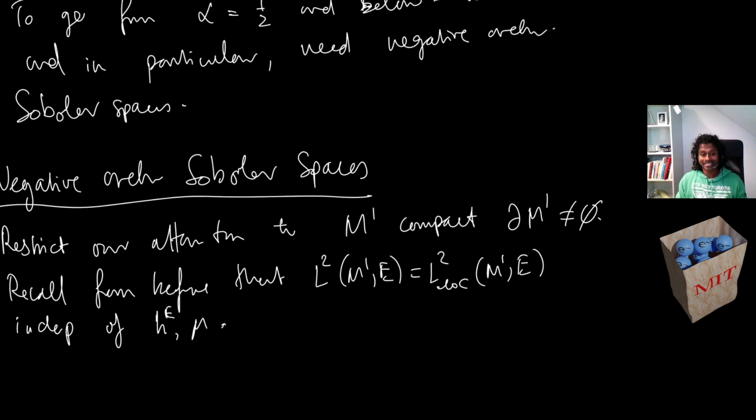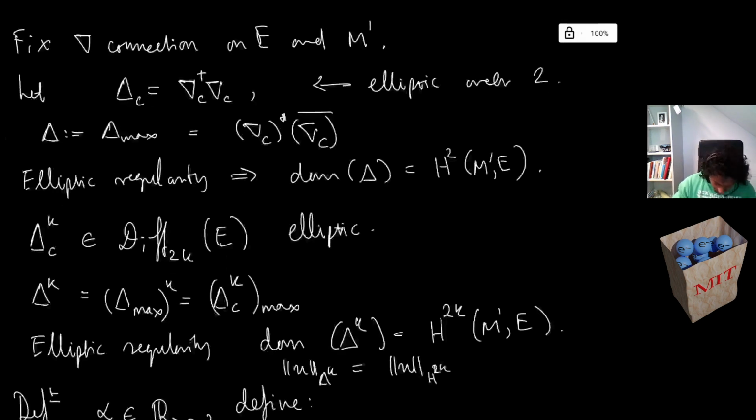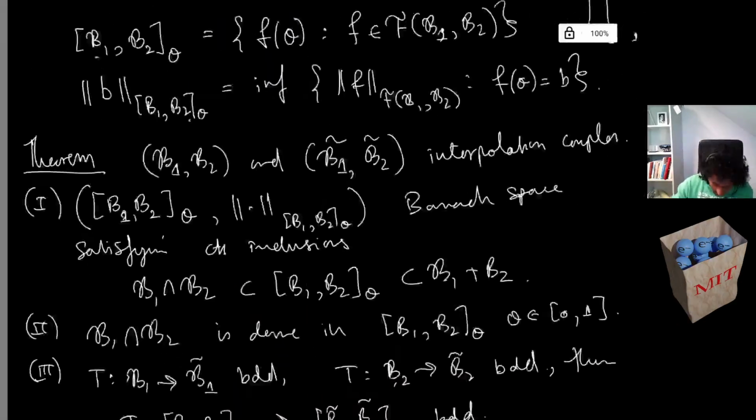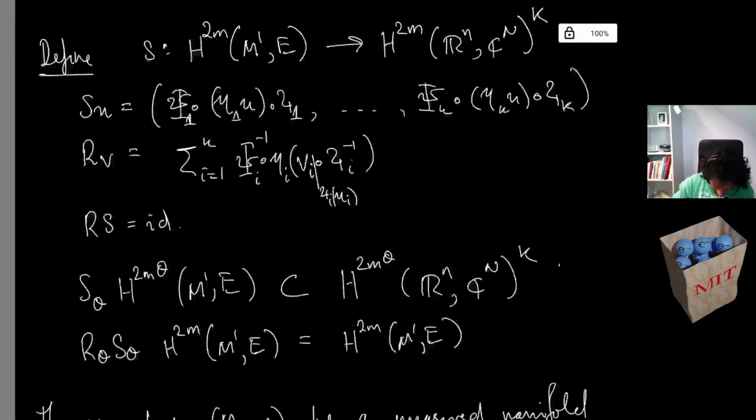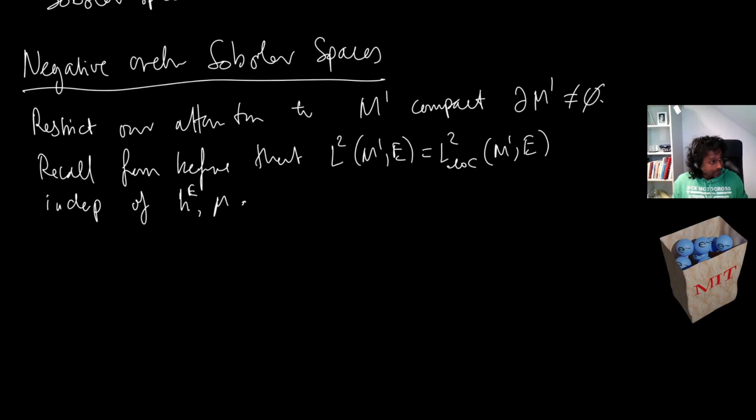But of course this is as sets. When you want to compute something, you need to fix a norm and so on and so forth. But as sets, they're independent. Okay, so actually it's also convenient sometimes to think about L2 in this setting as H0. Okay?